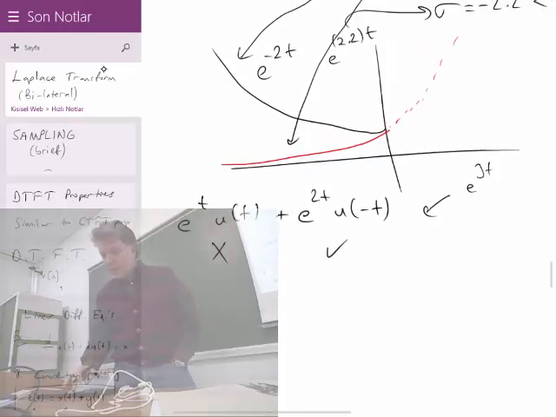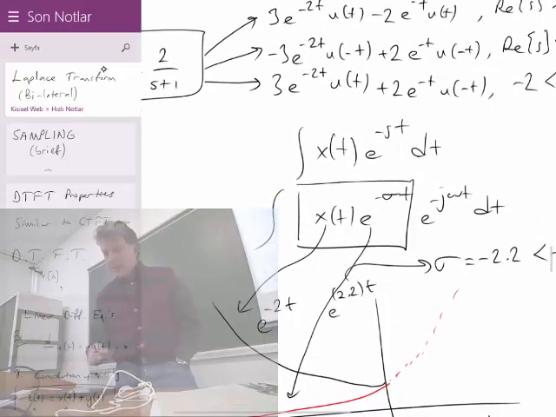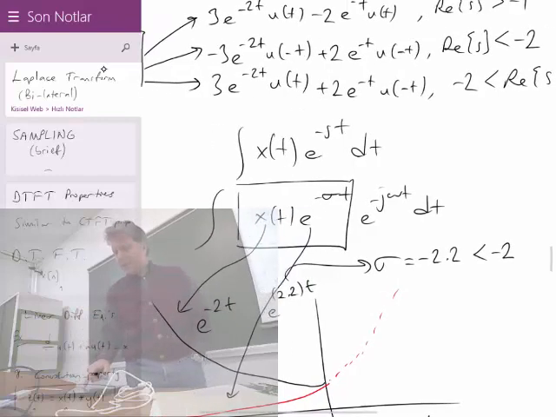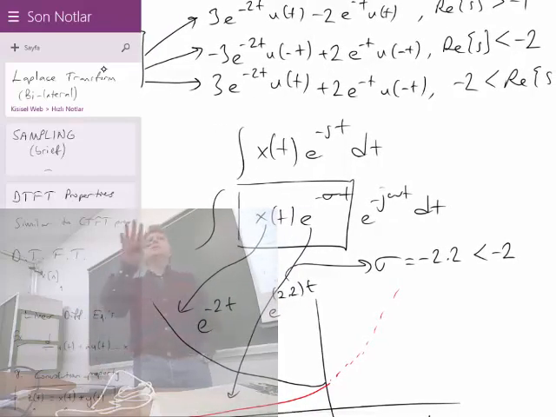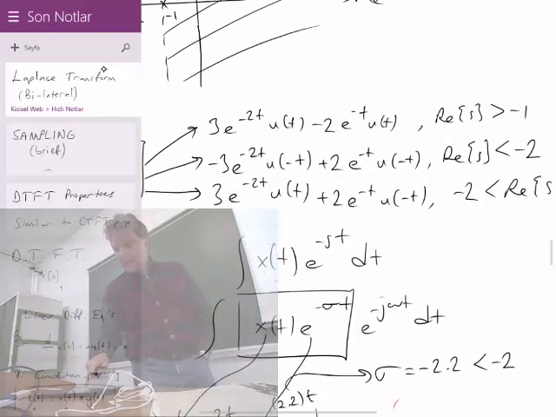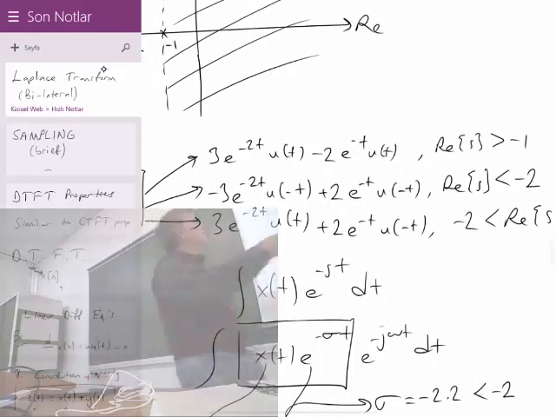Now let's multiply the signal e to the minus 2t u of t, e to the minus t u of minus t, with e to the minus t, which means sigma is equal to 1. Then, if we multiply this one with e to the minus t, this will be e to the minus 3t u of t, and this one will be only u of t.